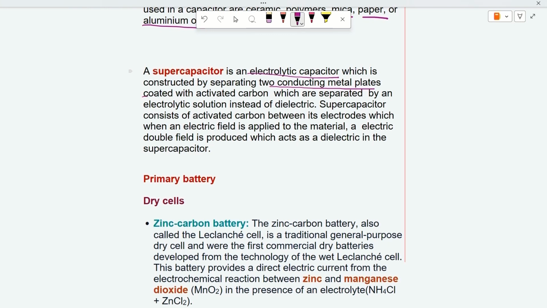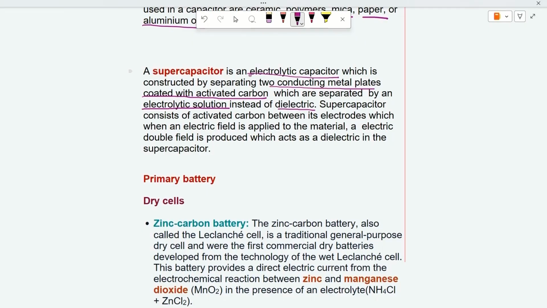They are coated with activated carbon to make them more conducting, and they are separated by an electrolyte solution instead of a dielectric material. So, here the difference is we have two metallic plates which are conducting and they are coated with activated carbon, but instead of a dielectric material, in this case we are using an electrolytic solution, and therefore, they are known as electrolytic capacitors.